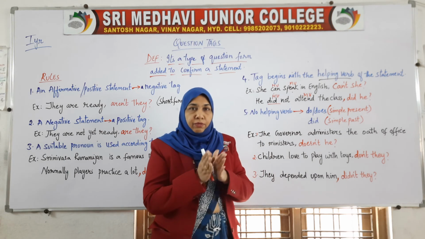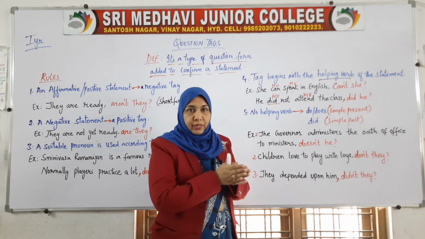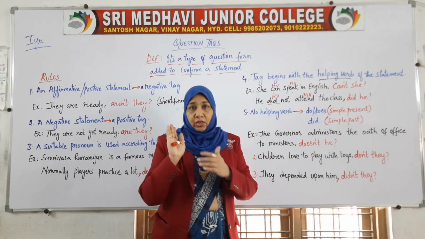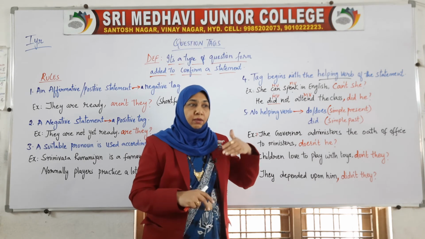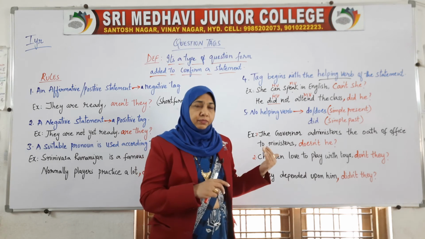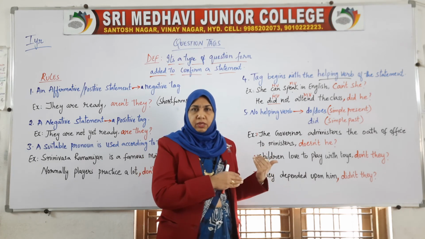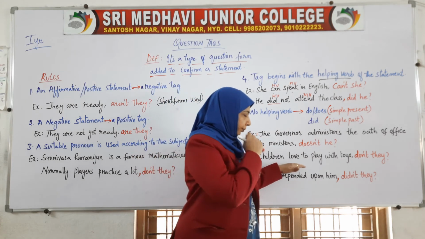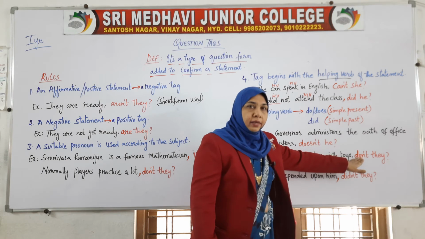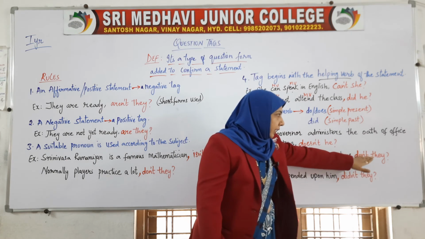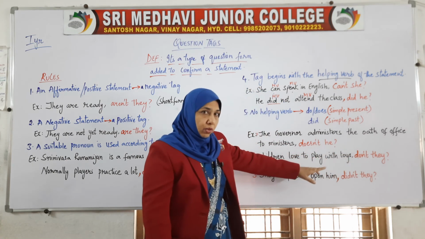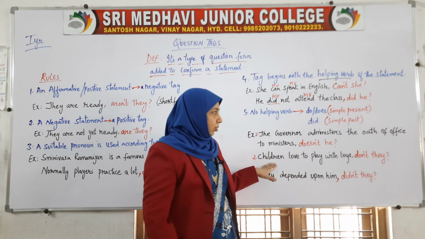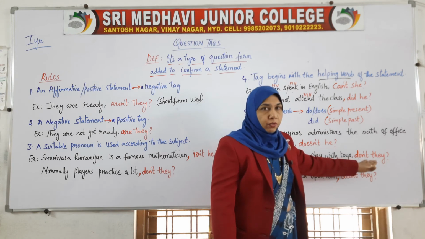That means the verb is in the simple present tense, and you cannot say that in old days children loved to play with the toys, or in the modern era children don't love to play with the toys. It is a regular action of the children. So we have to add "don't they". Why "don't"? Because the statement is in the positive format, so we have to go for the negative question tag.